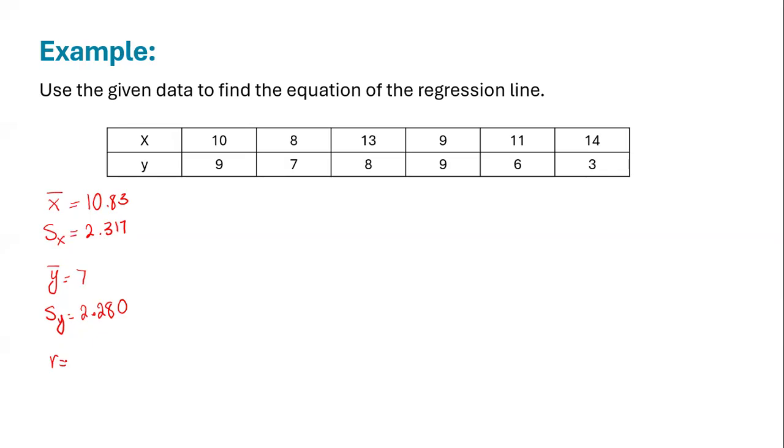And after finding the R, you can find the slope by having the formula, and then find the b by plugging in this formula. But I want to show you how you can use an online calculator to find all this information.